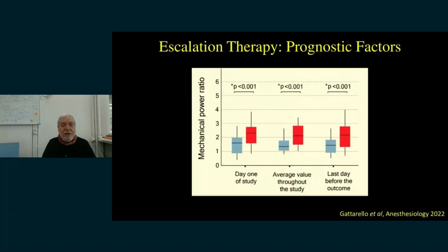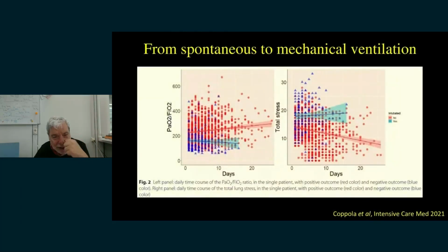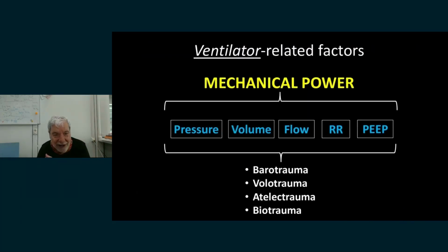Now, I think Chiumello will speak about the importance, in terms of prognosis, of measuring the tidal volume, respiratory rate, mechanical power, and in terms of escalation of therapy. So I will not stay on it.